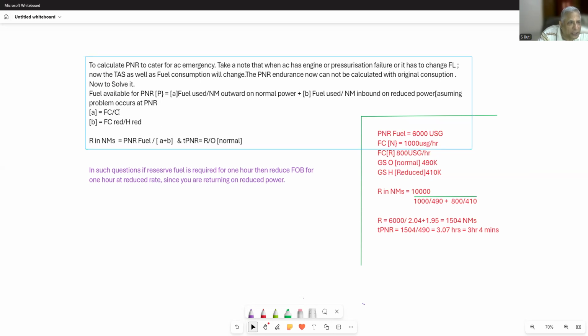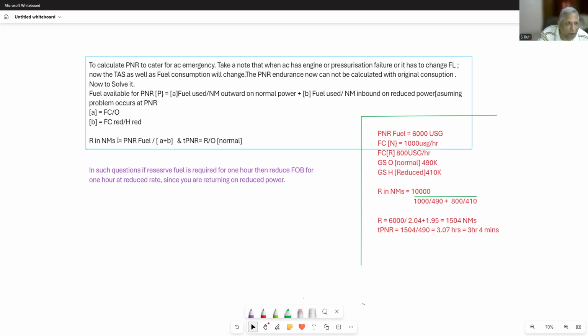So first calculate A, fuel consumption divided by ground speed outbound. Then calculate B, fuel consumption reduced on the return divided by the ground speed reduced. So this will give you the fuel per nautical mile on reduced power.